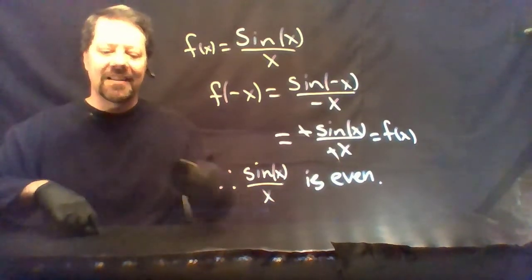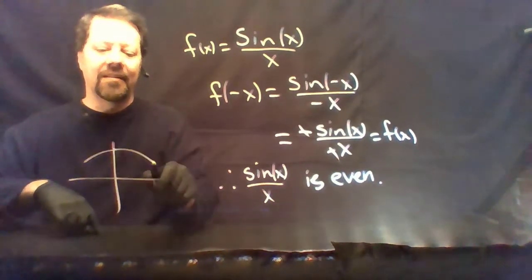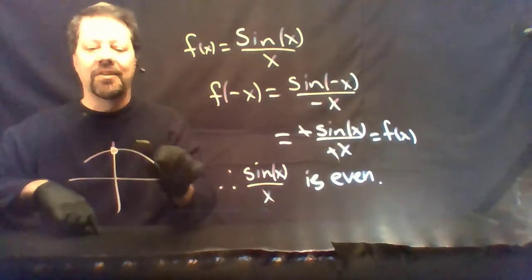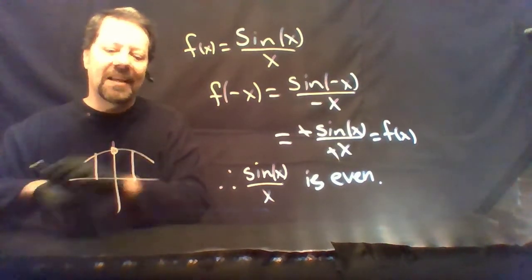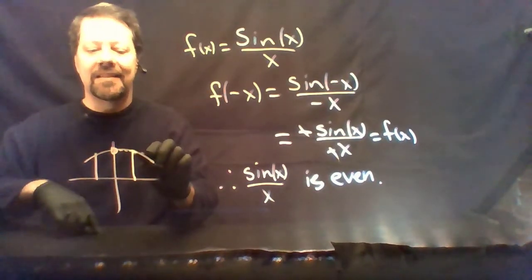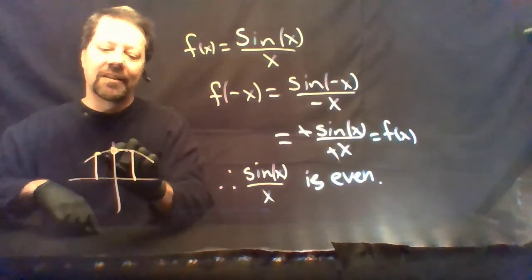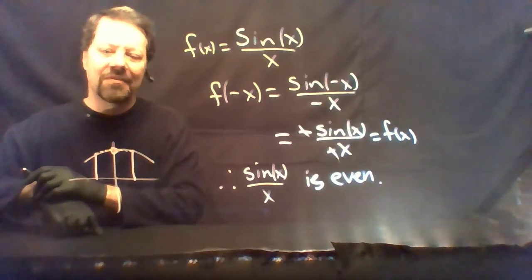So that means it's symmetric about the y-axis. Whatever happens at x, you get the same thing at minus x. So in the limit as x goes to 0 from the right, you'll get the same thing in the limit as x goes to 0 from the left.